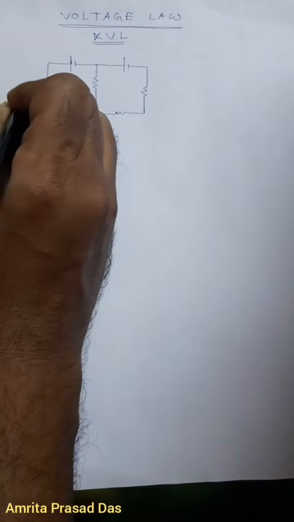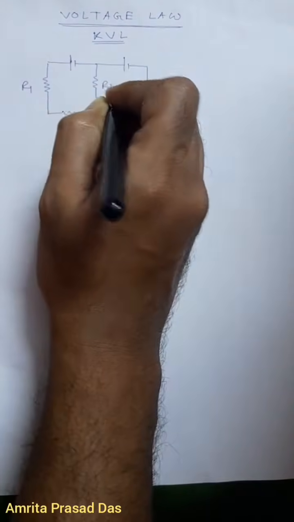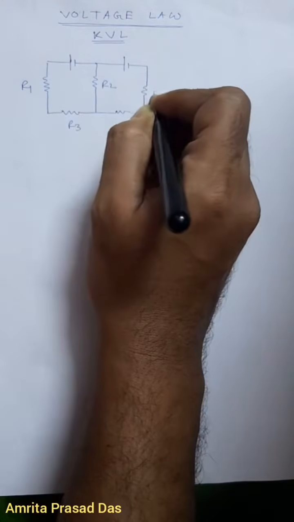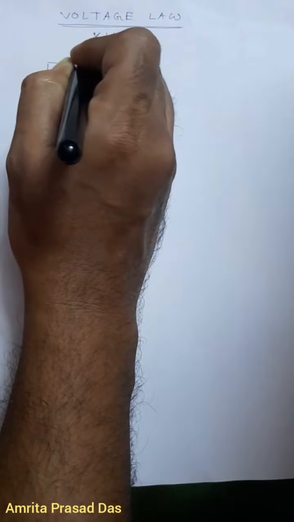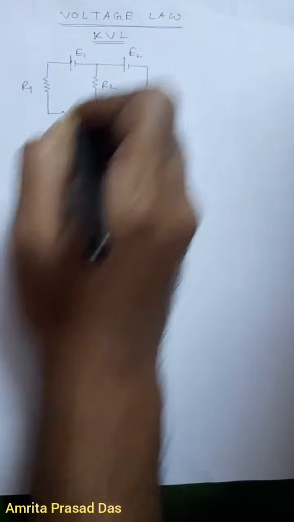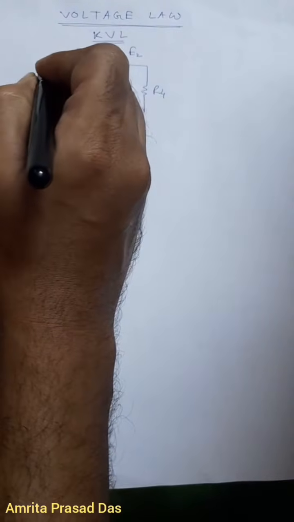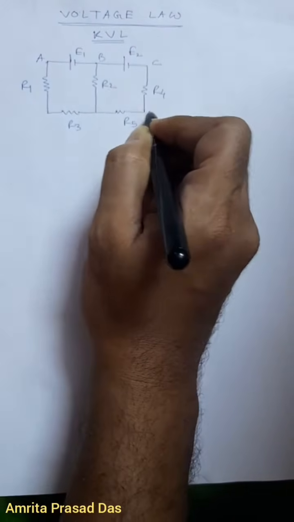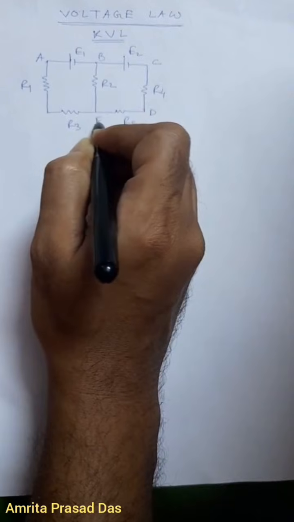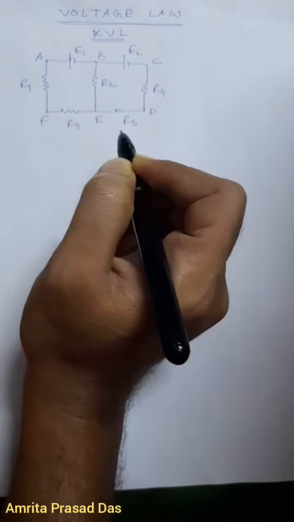This one is a resistance R1, R2, R3, R4, R5. This is a cell E1, this is a cell E2. Let's name this circuit A, B, C, D, E, F.